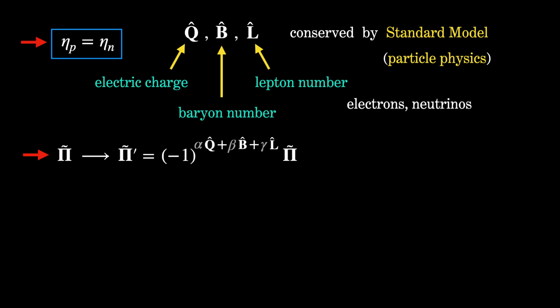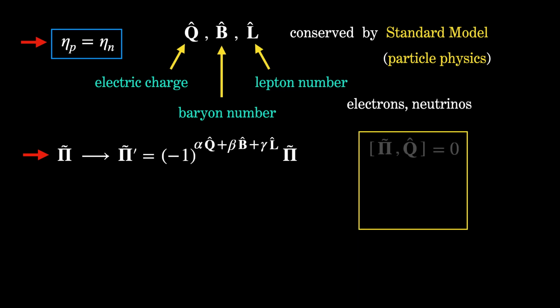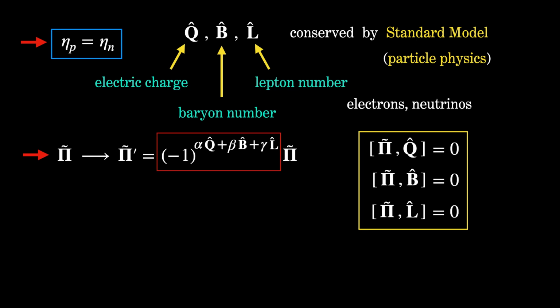Alpha, beta, and gamma are real numbers. The new parity, pi tilde prime, will then have equal eigenvalues for the proton and the neutron. Note that Q, B, and L are generators of internal symmetries and therefore should commute with pi tilde by definition. So we could place this factor on either side of pi tilde.